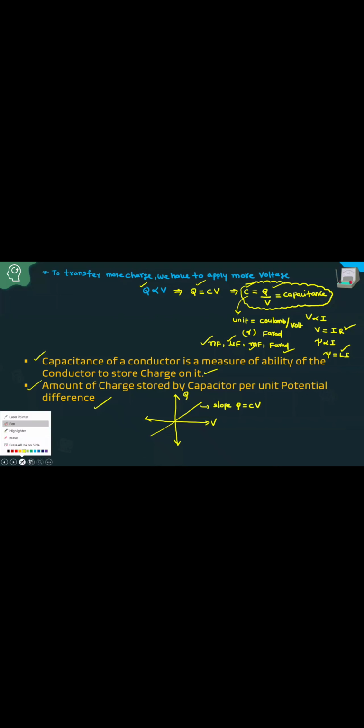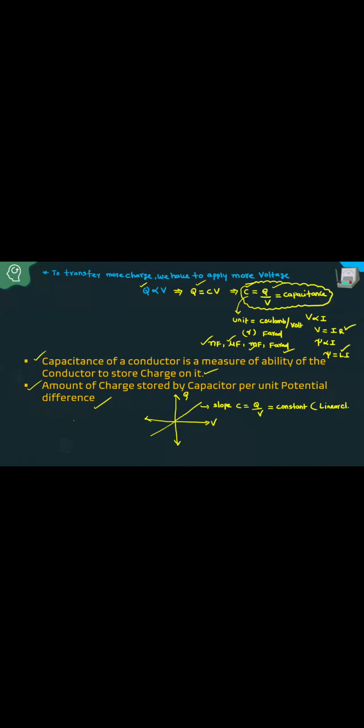The slope is C equal to Q by V. This is equal to a constant because of the linear characteristics.